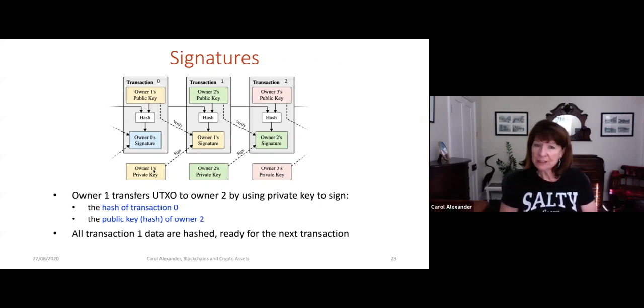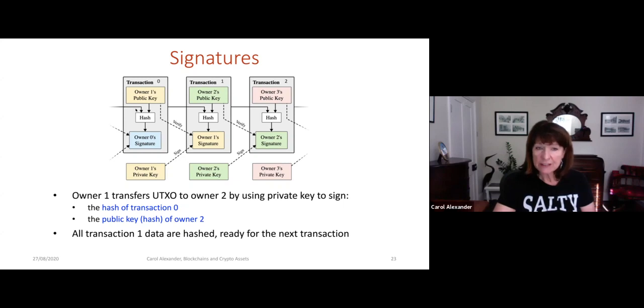So the process of signature, let's look at this transaction 1 here. So owner of this transaction is going to send UTXO to owner 2. So they're going to use their private key to sign, and there's the signed transaction. And then all this is going to be hashed.